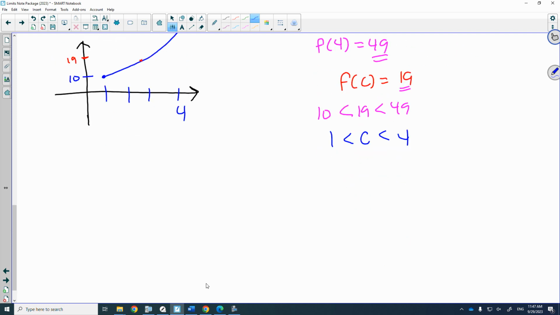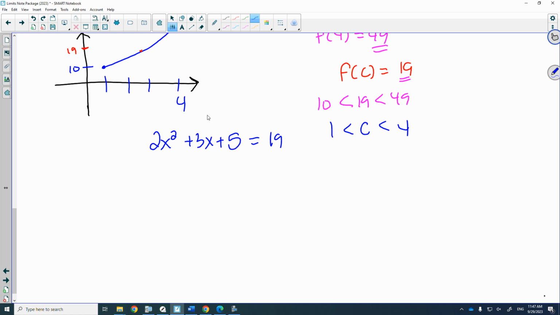So we take our function, 2x squared plus 3x plus 5, and you set that equal to 19, because I want to figure out what is my x coordinate when y is 19. Okay, let's bring 19 over to the left.